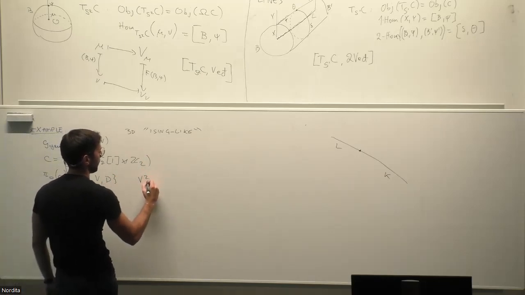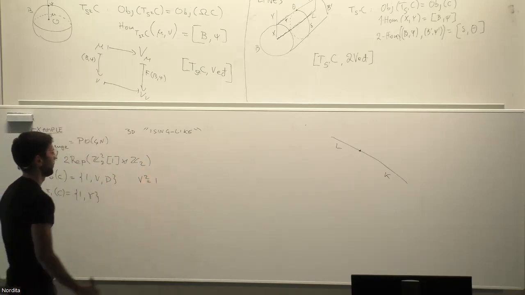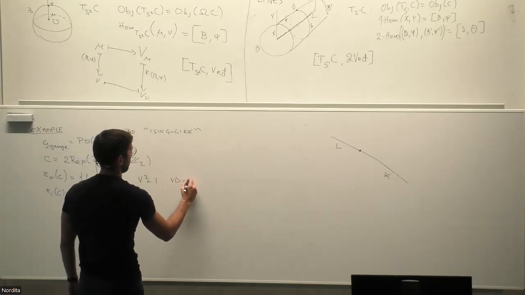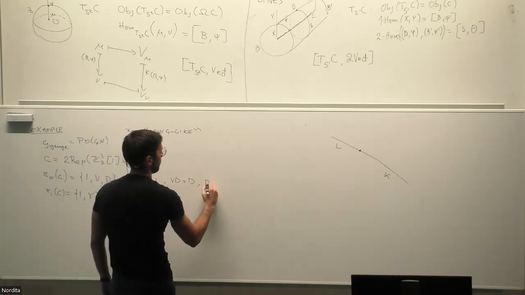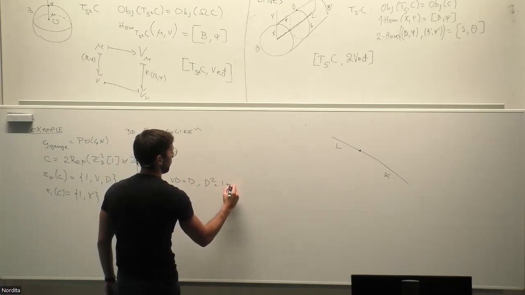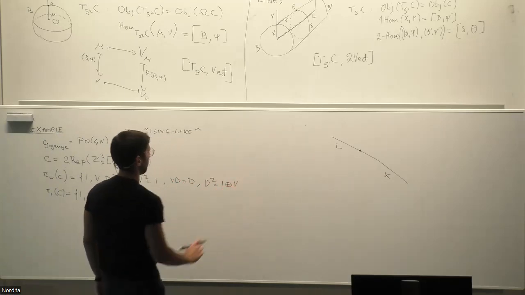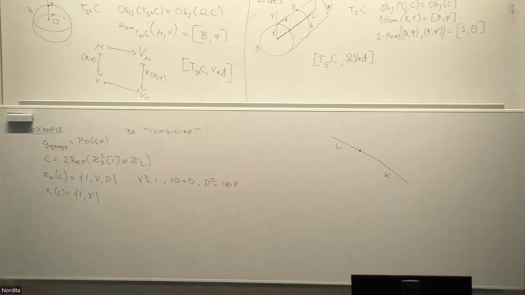So we have B squared that generates a Z2 symmetry, then we have D, B, with D squared equal to 1 plus B. So it's completely fusion-like.